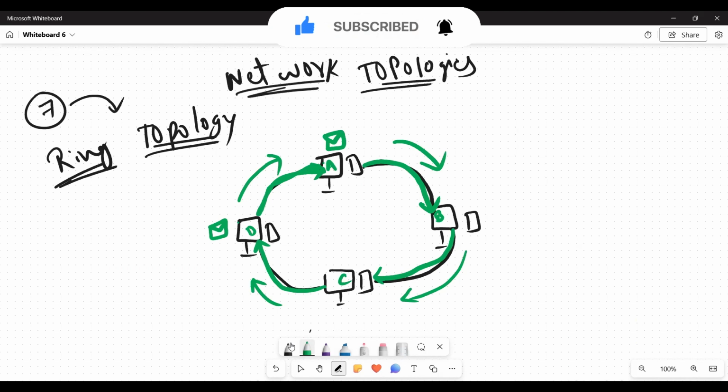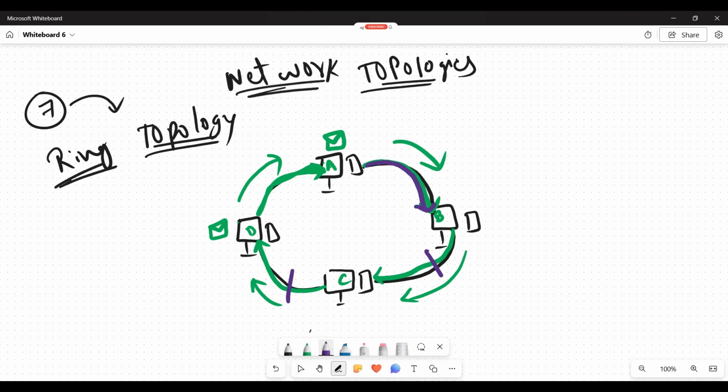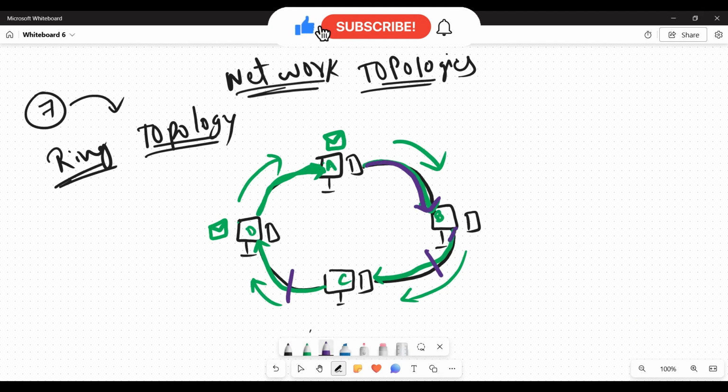It may be that a wire has been cut here or here. Anyway, the data transfer was done up to B, but it was not transferred from B to C, or not transferred from C to D, wherever it was stopped. Due to these issues, ring topology has drawbacks.